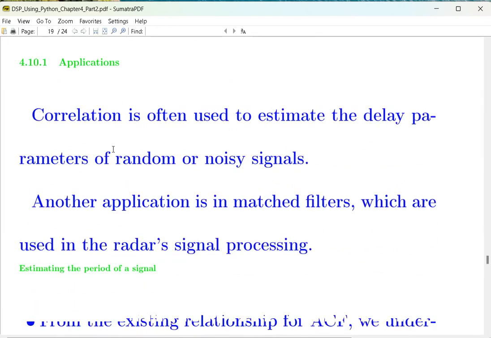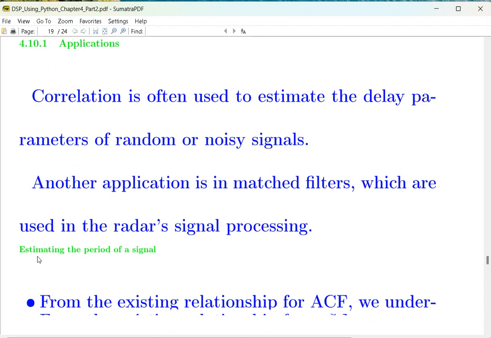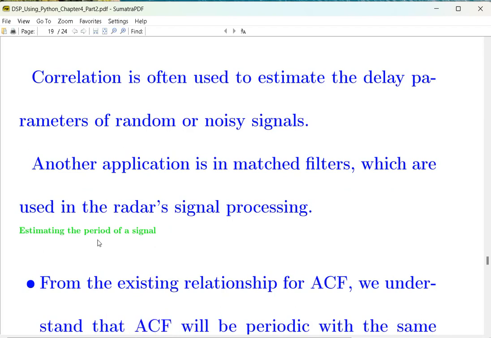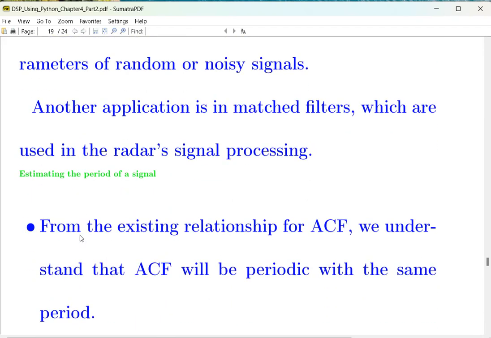Okay, now applications. Correlation is often used to estimate the delay parameters of random or noisy signals. Another application is in matched filters, which are used in the radar signal processing section. Now, estimating the period of a signal.